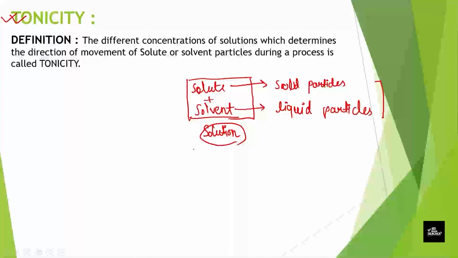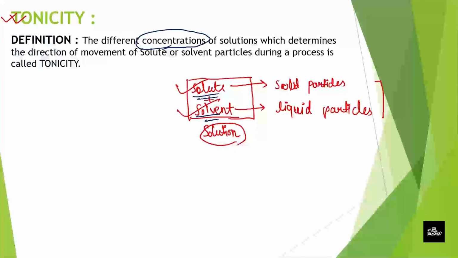Now, a solution can have different concentrations. Suppose in solution 1, there can be more amount of solute and less amount of solvent, while in another solution, there can be more amount of solvent and less amount of solute, or vice versa. These together define the concentration of a particular solution.